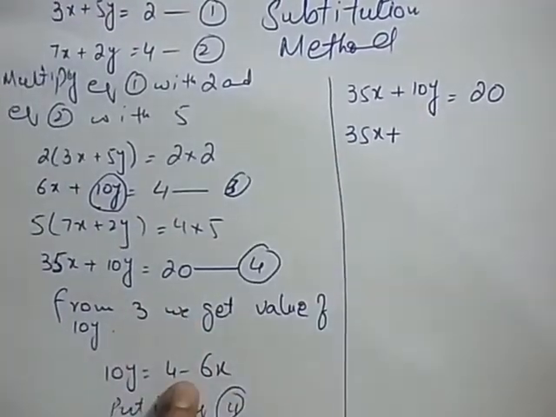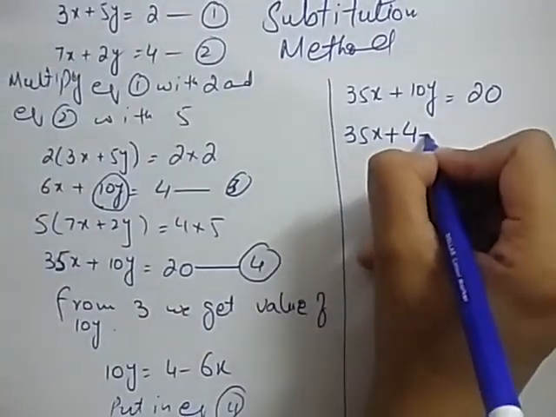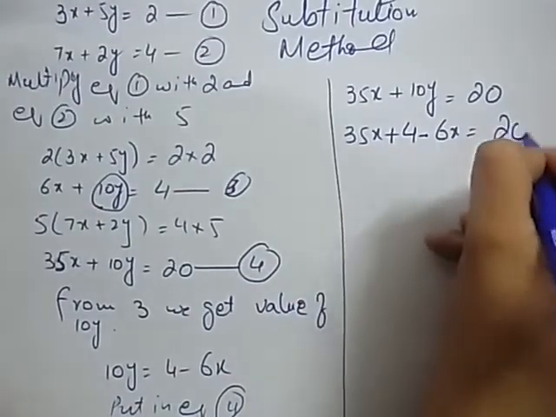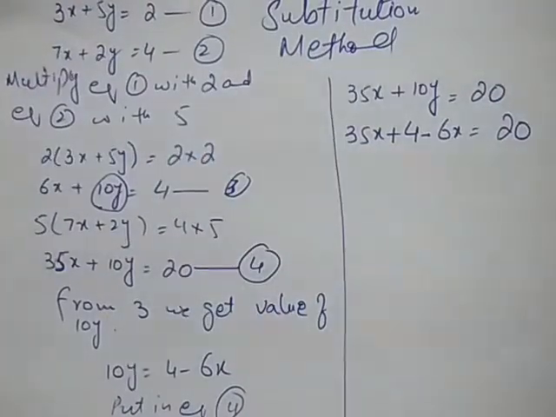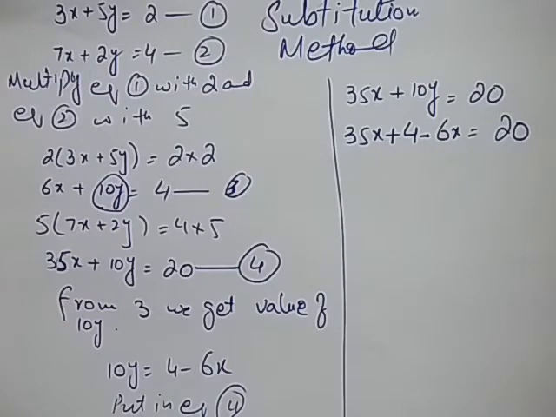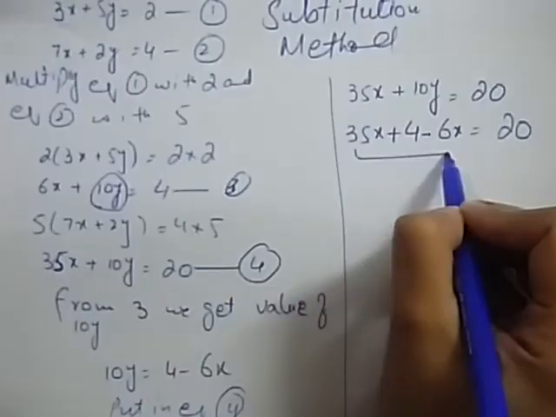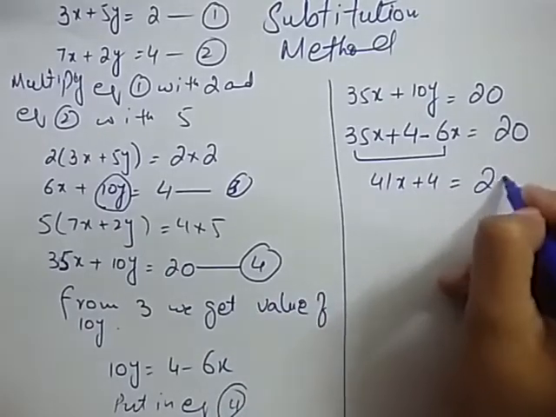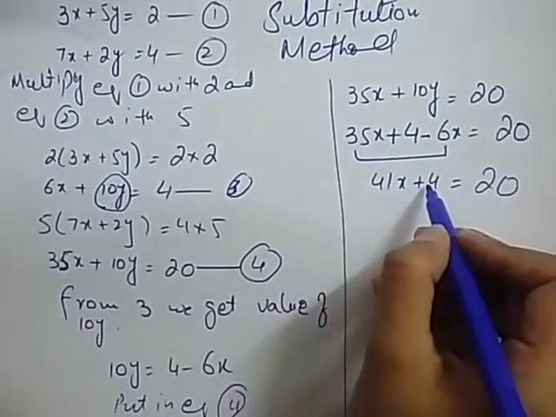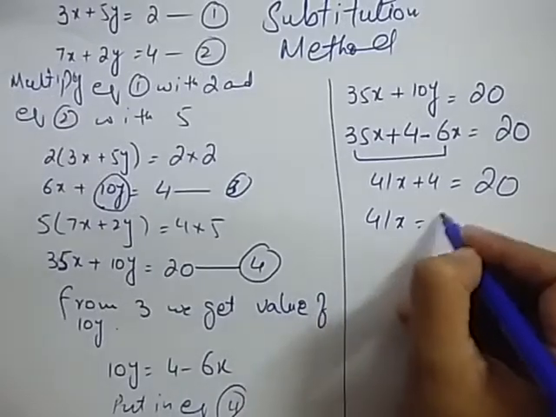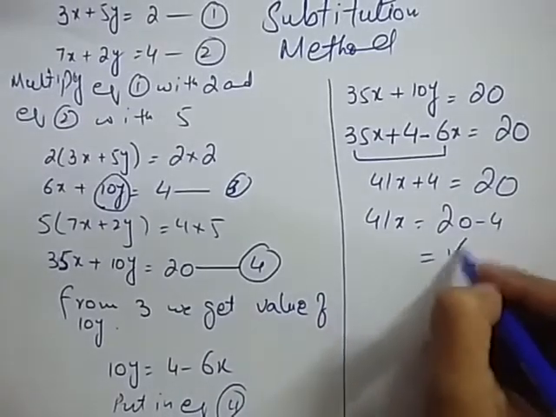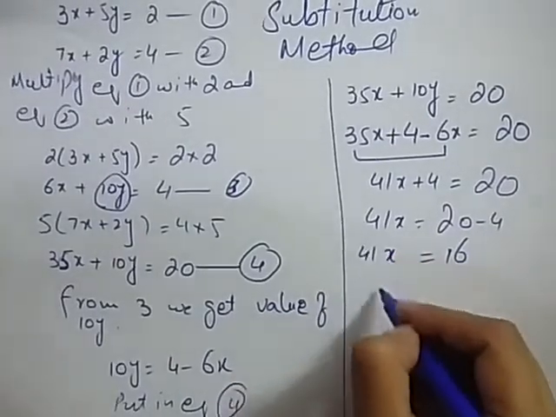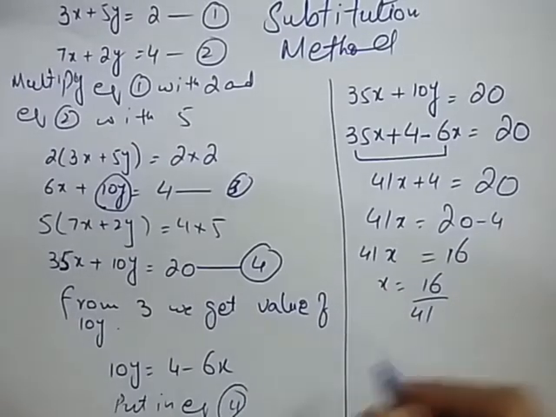At the place of 10y, this value will be put, that is 4 minus 6x. This 20 will also remain the same. The next process is very easy, you know very well how to do it. 35 plus 6 is 41x, plus 4 is equal to 20. Now this constant will be shifted over there, so 20 minus 4 is 16. Now x is equal to 16 over 41.